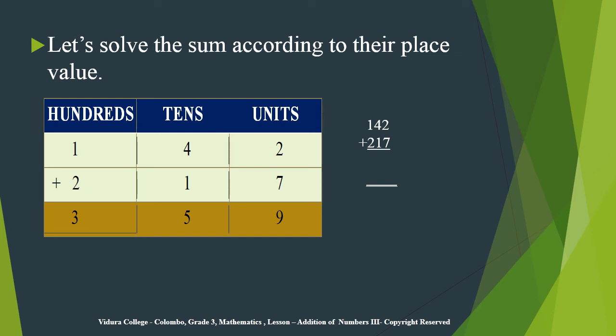Finally, you should move on to the hundreds place values. So when you add the hundreds place values, which are 1 and 2, you will get the answer as 3. So by using the place value, you can solve the sum and the final answer is 359.